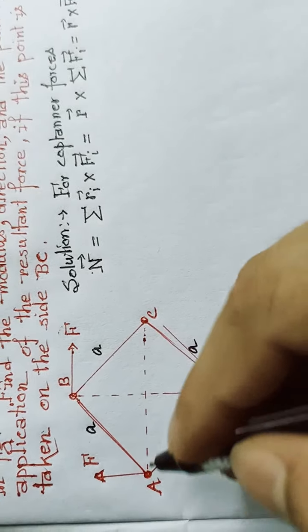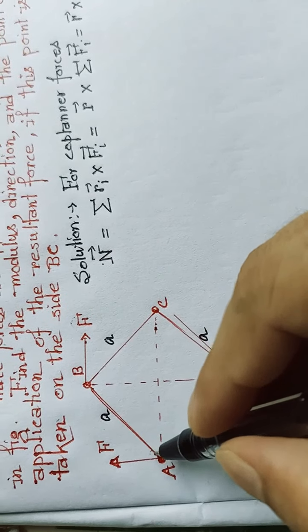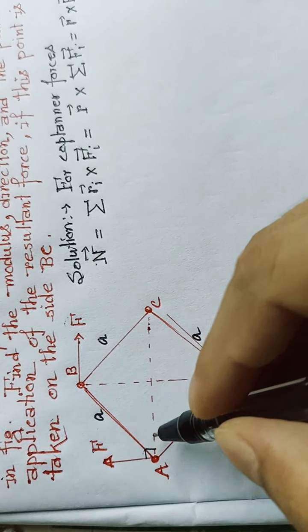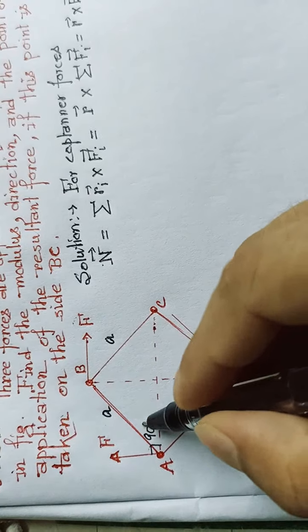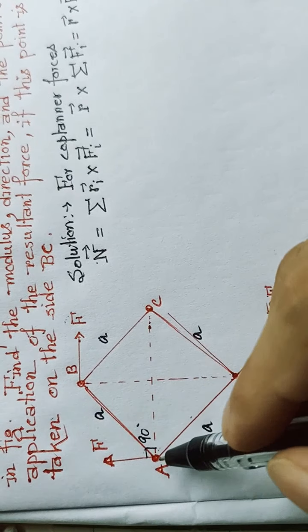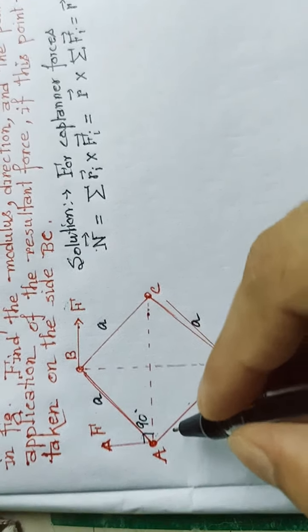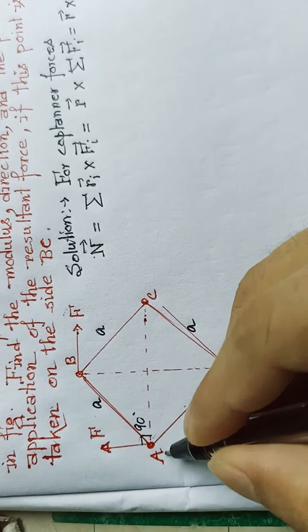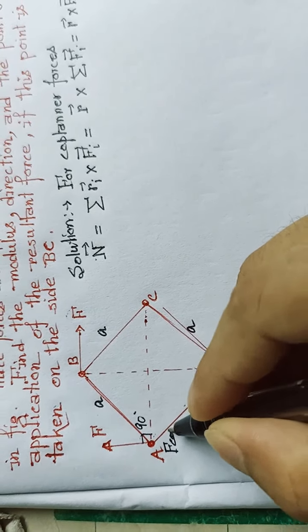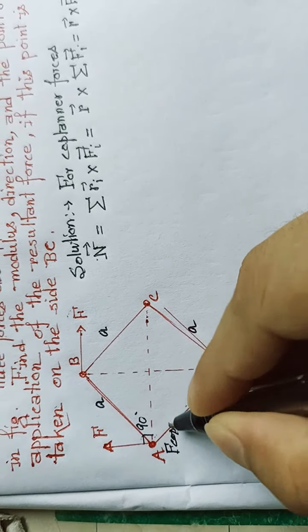Now if we take the projection for the force which is acting on point A, as this angle is 90 degrees, the projection of the force F on the positive x direction will be F cos 90 degrees. As we know, cos 90 degrees is equal to 0, so its projection will be 0.